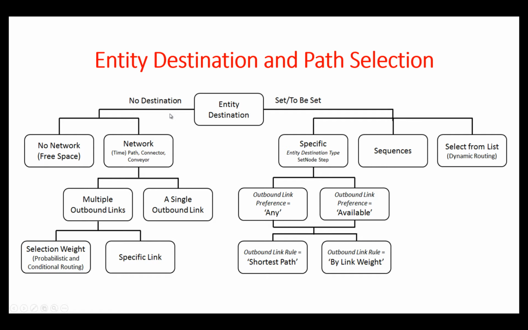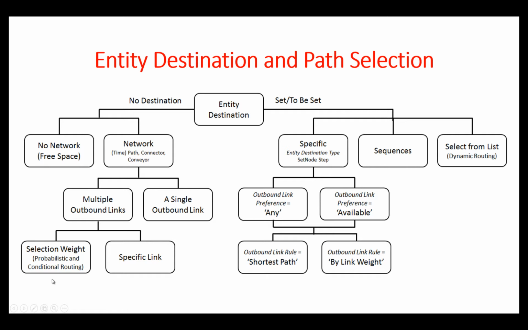In this case, in the first video, we covered free space movement, where we do not have a network of link objects. In the case where we have a network of paths or connectors, we talked about the case where there is only a single outbound link. For the case where we have multiple outbound links out of our transfer node, we learned how we can use the properties of the transfer node to specify a specific link for the entities to take.